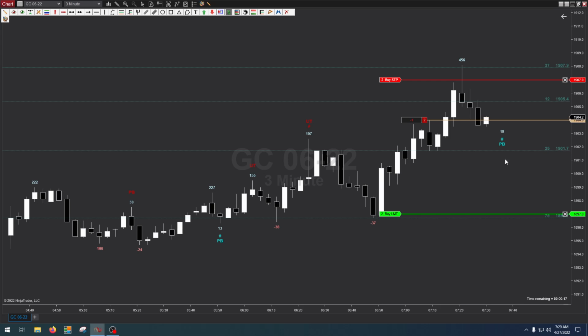Now that we have this created, we do have a pullback buy and a Stooges buy here, and a positive volume delta here. So let's see what happens here. Okay. This is the 3-minute chart.